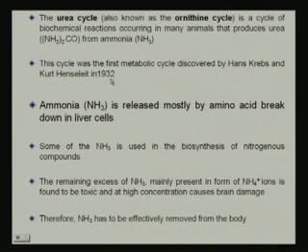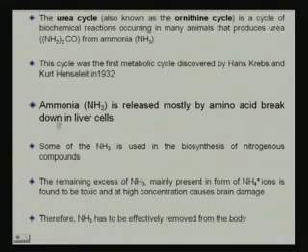1932. In this particular cycle, we will be seeing how urea is produced in the living system. Now, ammonia, which is released mostly by amino acid breakdown in the liver.